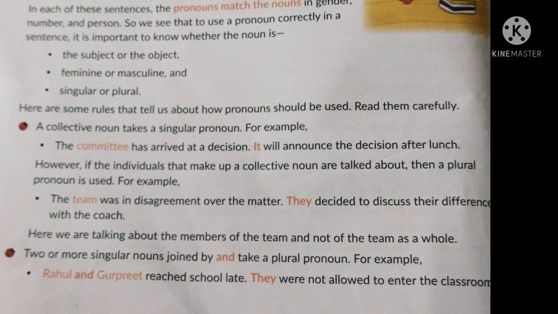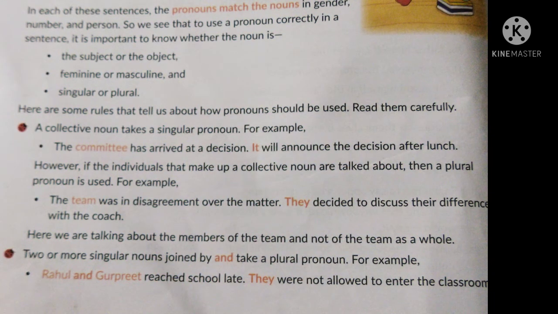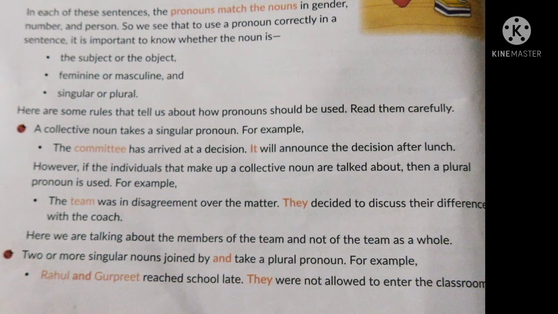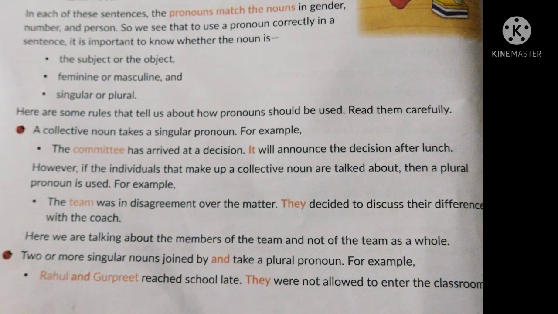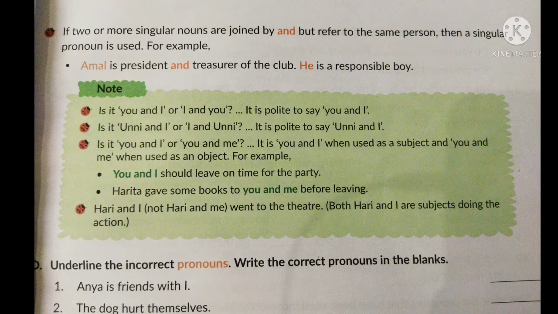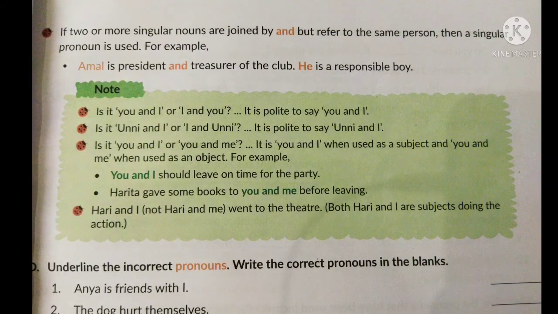They were not allowed to enter the classroom. As you can notice, the nouns have been joined by the conjunction and, so we take the plural pronoun they to complete the sentence.